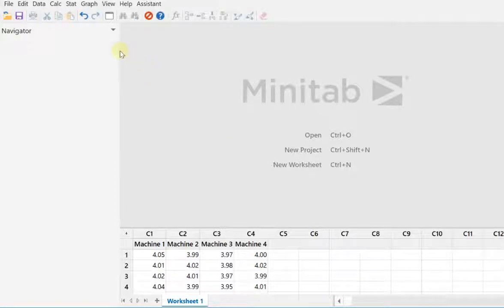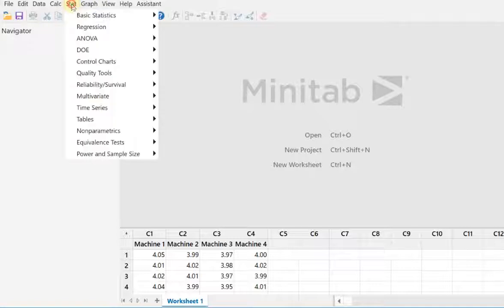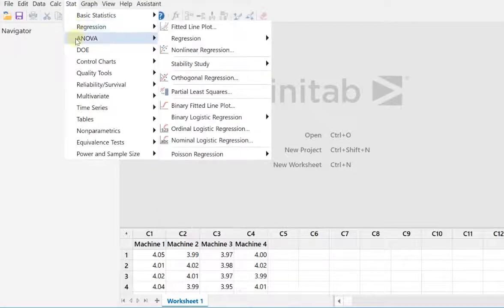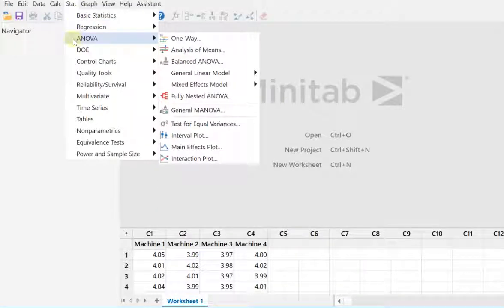In order to do ANOVA, you're going to go to Stat. And then don't go to Basic. Remember Basic? We've been in Basic for the last 3 workshops. So continue on that journey. You go to ANOVA. And you see how you have all these different kinds of ANOVA options.